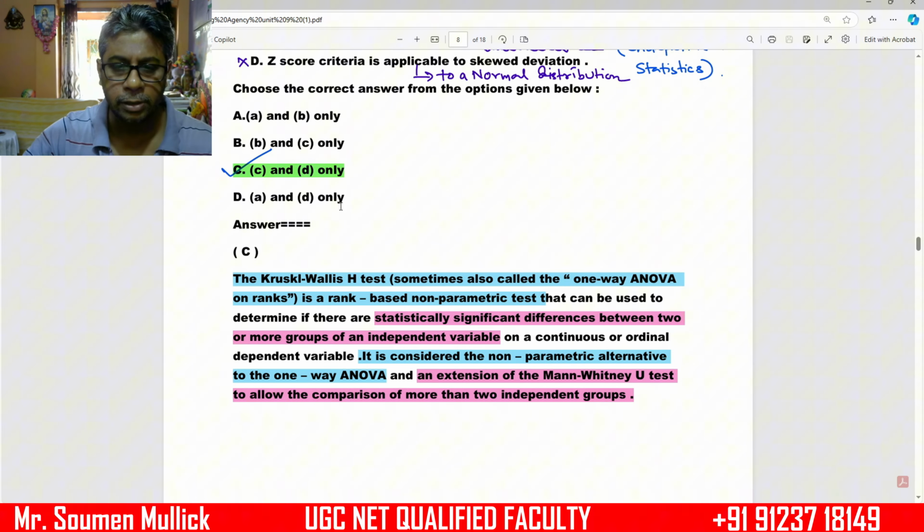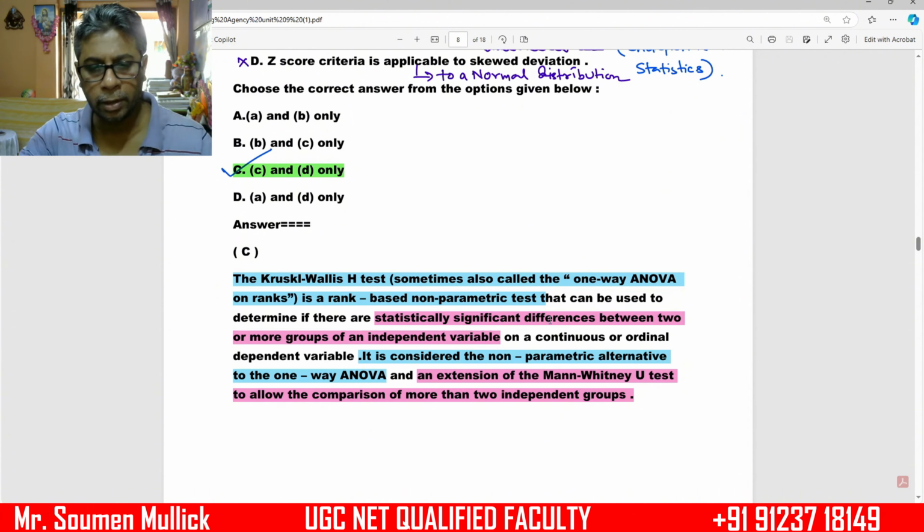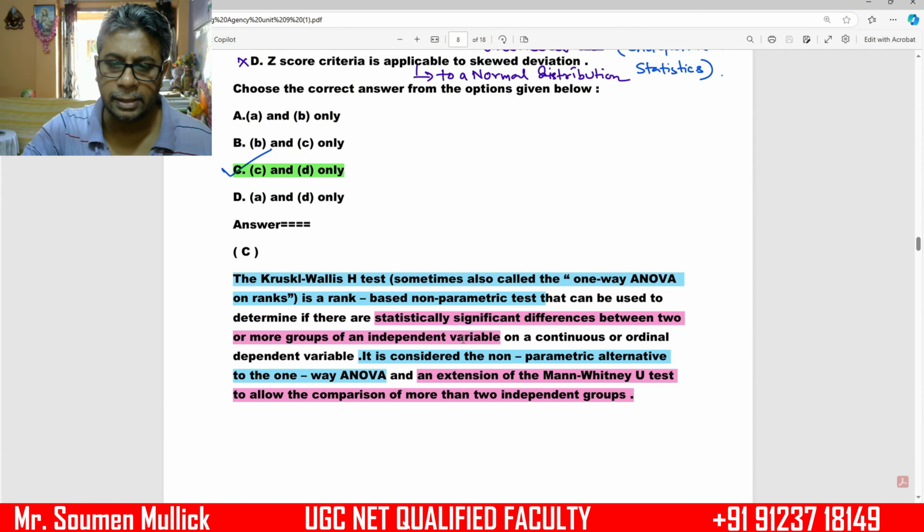The Kruskal-Wallis test is considered the non-parametric alternative to the one-way ANOVA, an extension of the Mann-Whitney test to allow the comparison of more than two independent groups. So these are the features of the Kruskal-Wallis test.